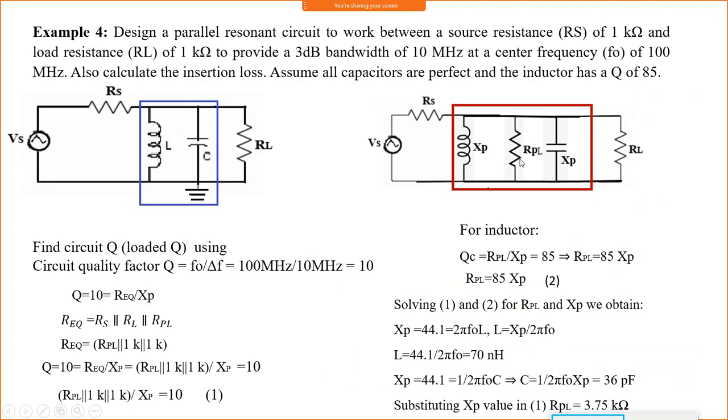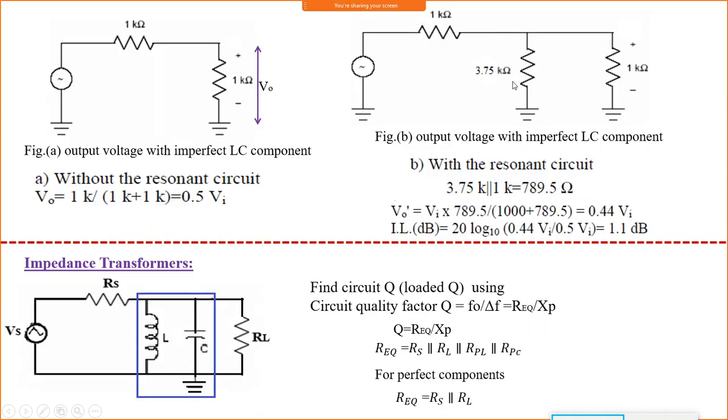The RPL value here is 3.75K. If RPL is a lesser value, the insertion loss increases. The lesser the value of RPL, the more the loss. Do not think it is Rs.